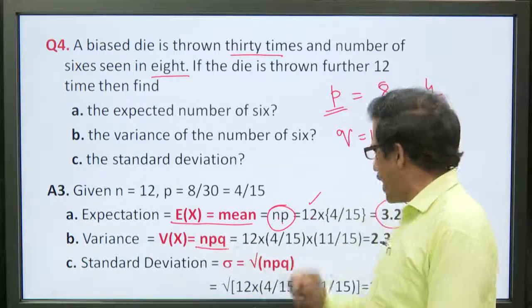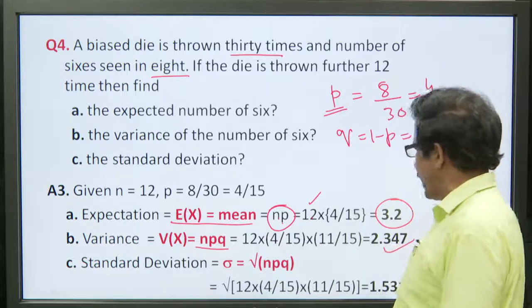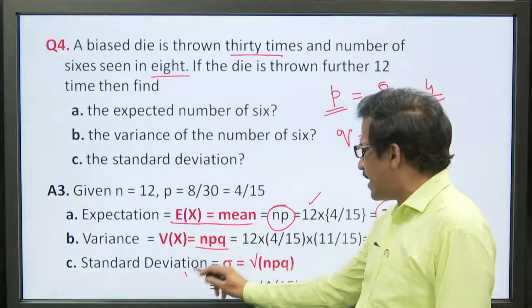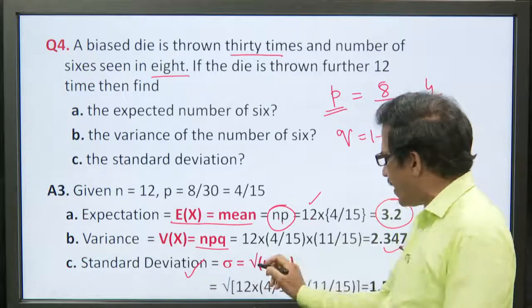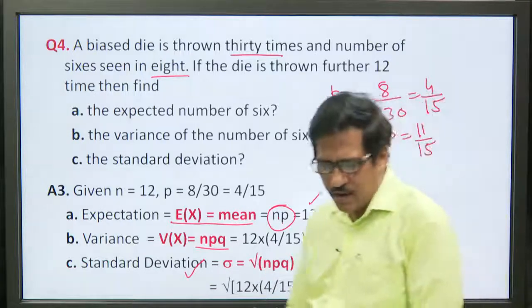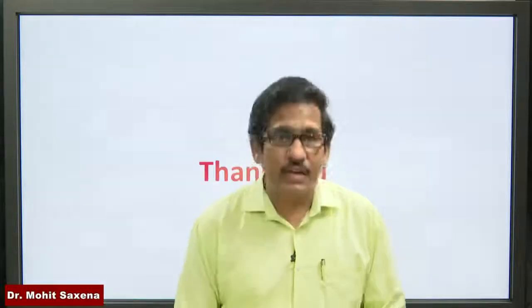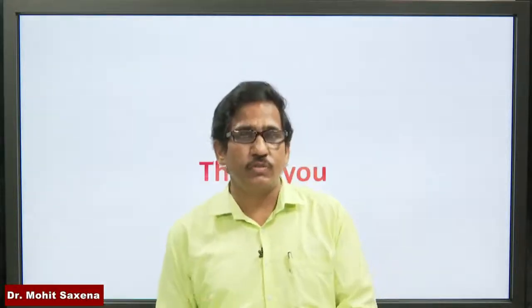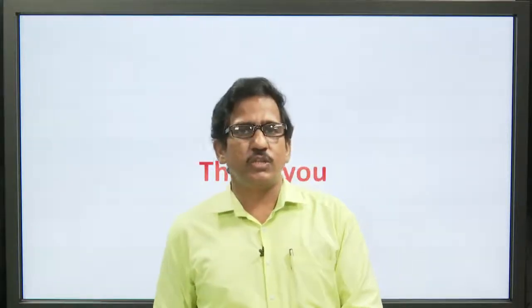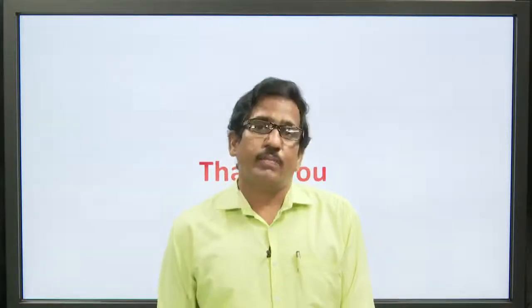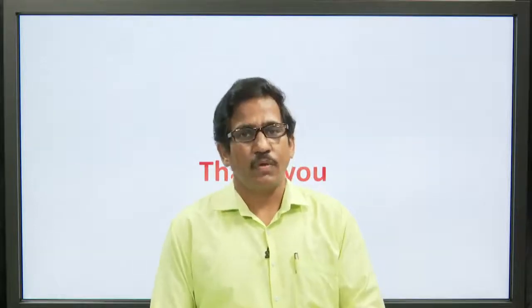Variance is equal to npq, which is equal to 2.347, and standard deviation is the square root of variance, which is equal to 1.531. So, hope you understand the concept of distribution, discrete distribution, continuous distribution and this binomial distribution. Okay, thank you.